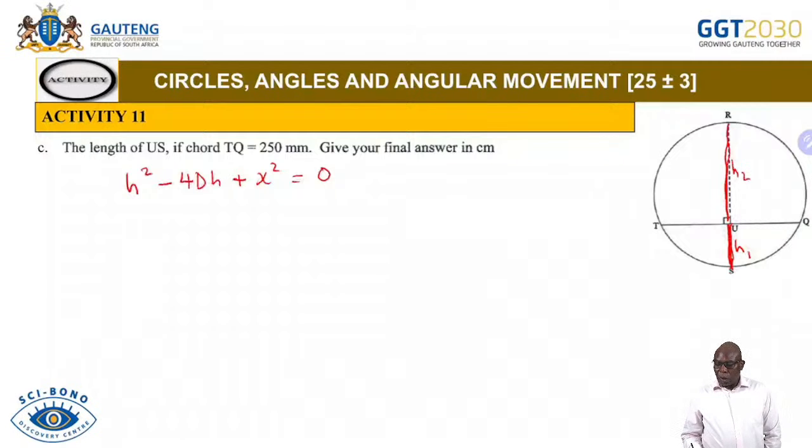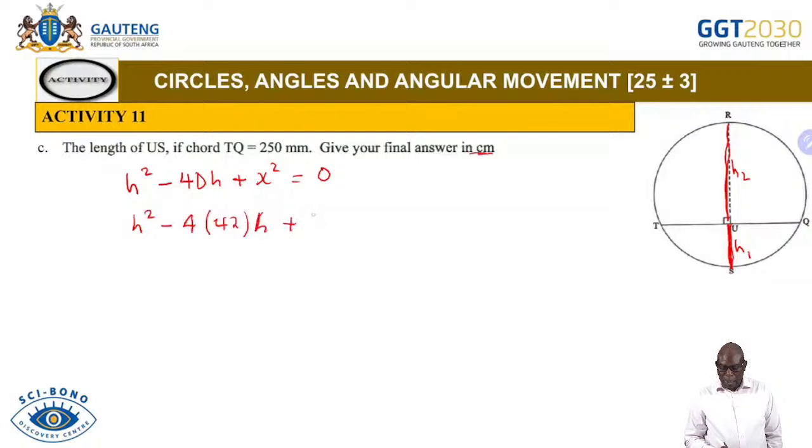Right? So for me to get the height of that, I'm going to substitute. Then my diameter is going to be 42. Why 42? Because now I need my answer in centimeters. My height, I don't know.